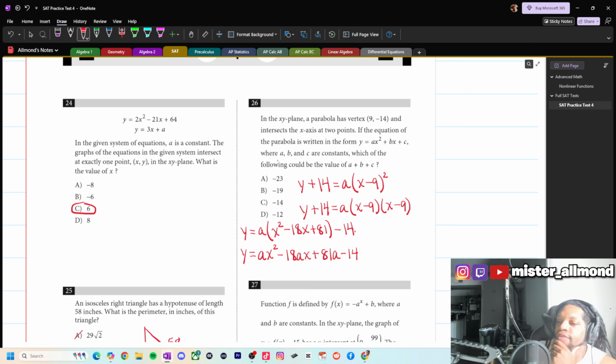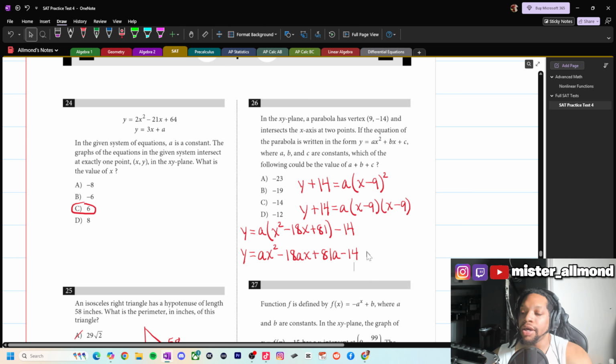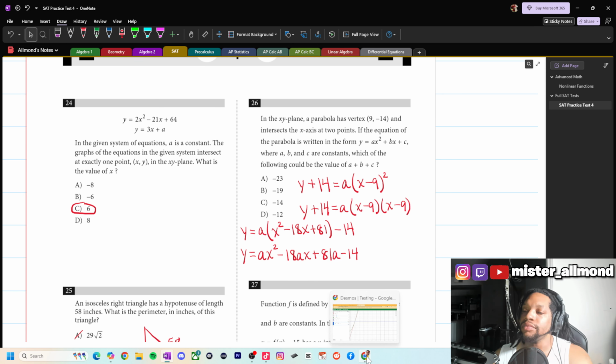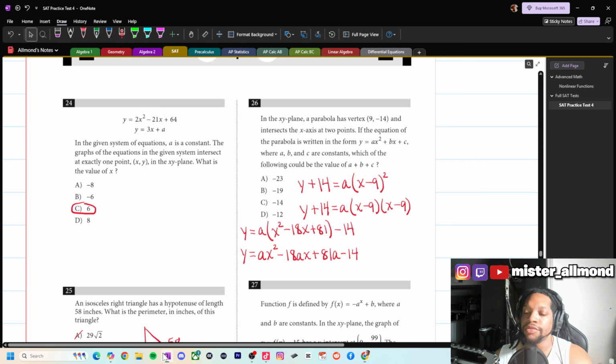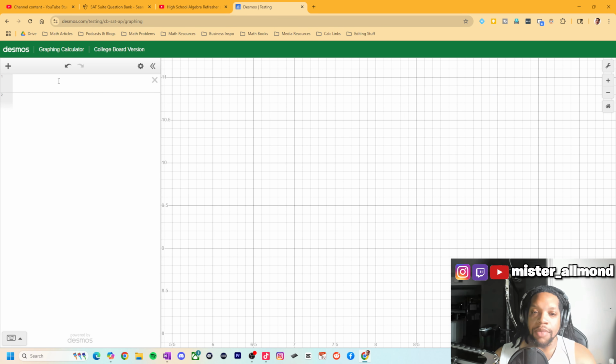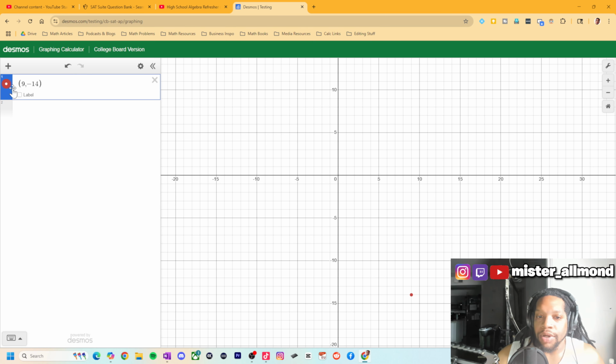Which of the following could be the value of a plus b plus c? Okay, so if it has a vertex at 9, negative 14, that means it's concave up. I can show this. If my vertex is right here, I have to label it.